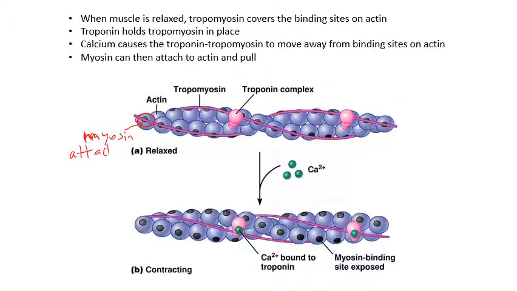So I'm labeling here, these are the myosin attachment sites. But right now, these active binding sites are covered by the tropomyosin protein, which is this rope-like protein. And we're also seeing the troponin proteins here. They're kind of like buttons.